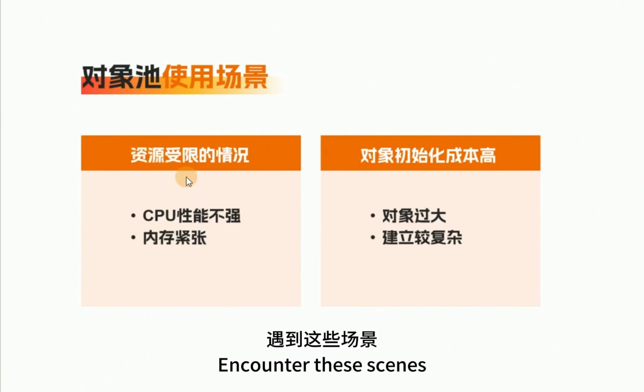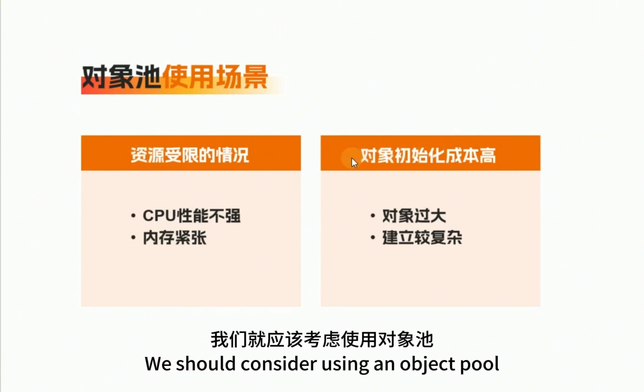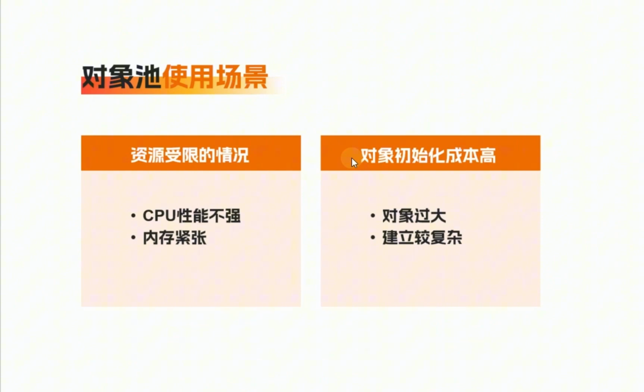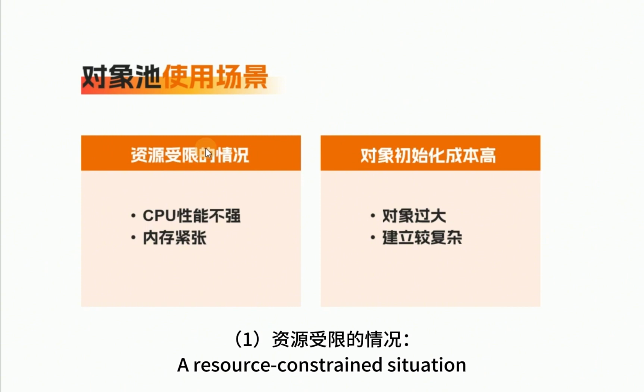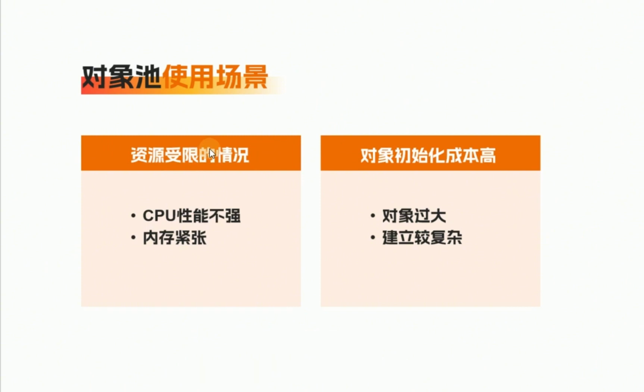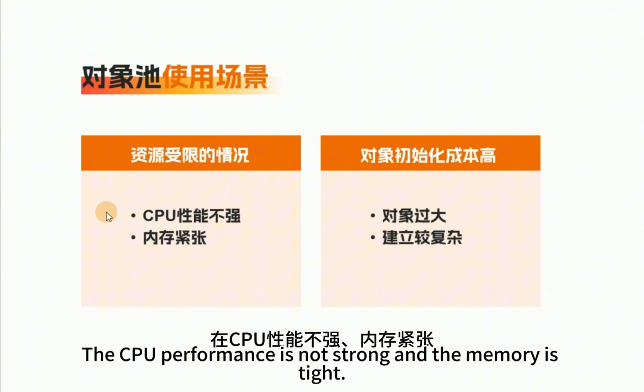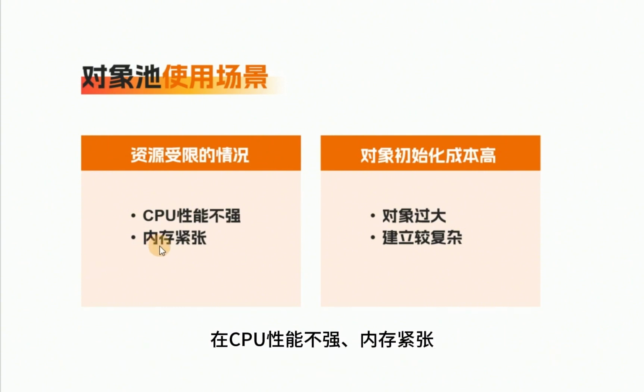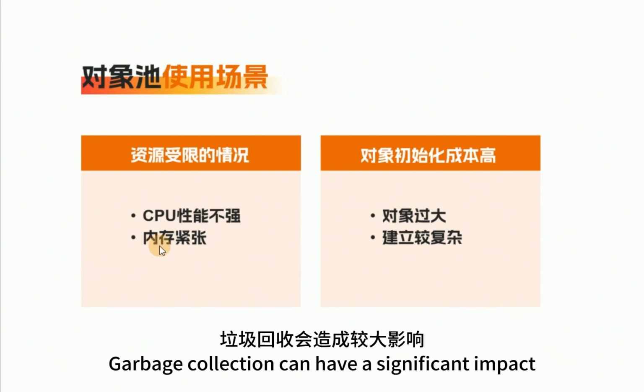Specifically, when encountering these scenes, we should consider using an object pool. A resource-constrained situation: the CPU performance is not strong and the memory is tight, so garbage collection can have a significant impact.